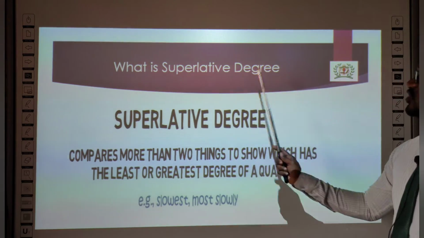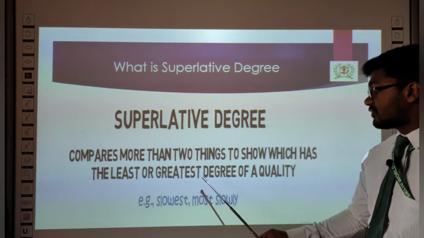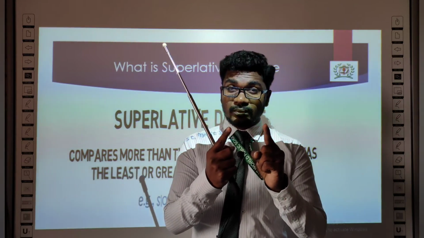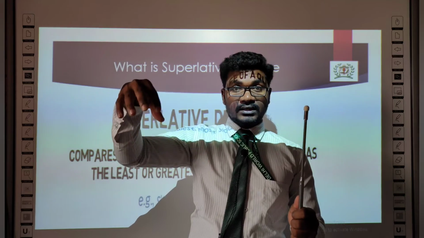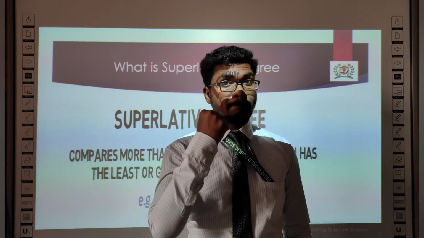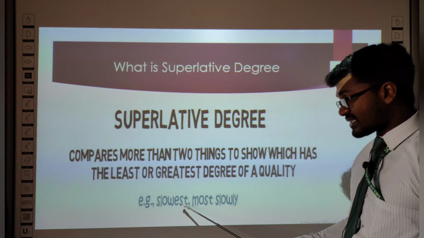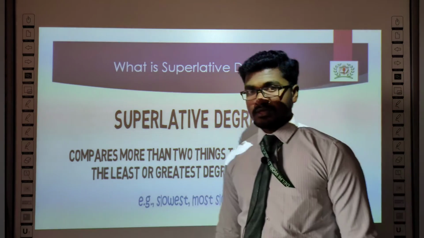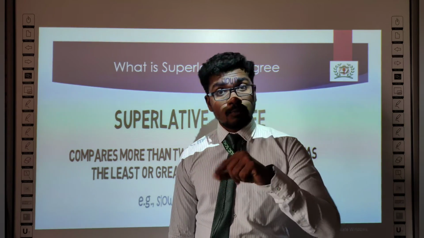Let's see. What is the superlative degree? It compares more than two things to show which has the least or greatest degree of quality. Not only two, now more than two. If it is three, among three, who is the best person? Among three things, which is the best? It is said to be superlative. In this, we have to add est, or we have to add most. For comparative, we add er or more.